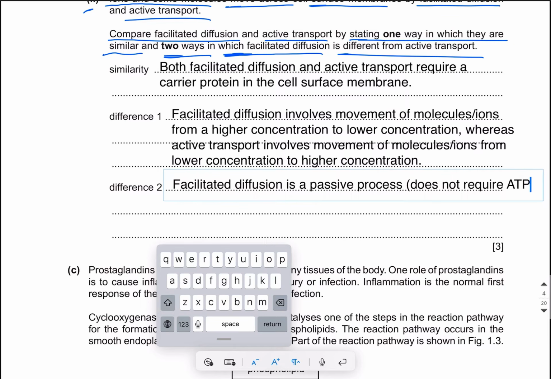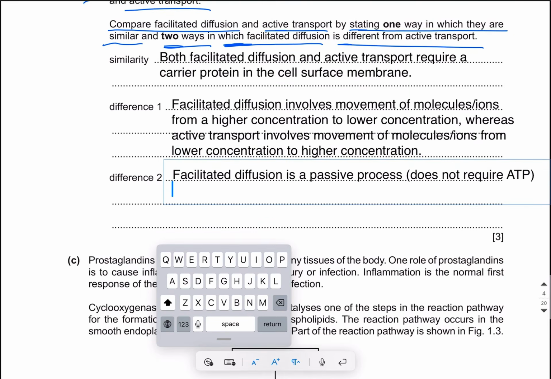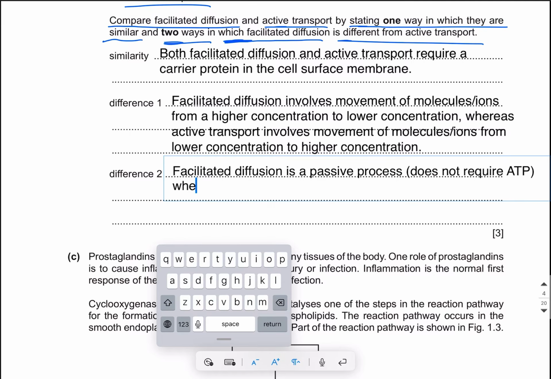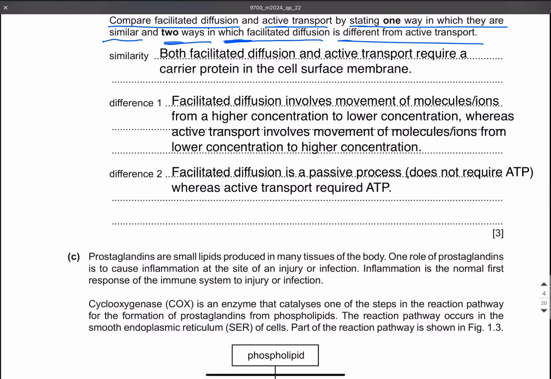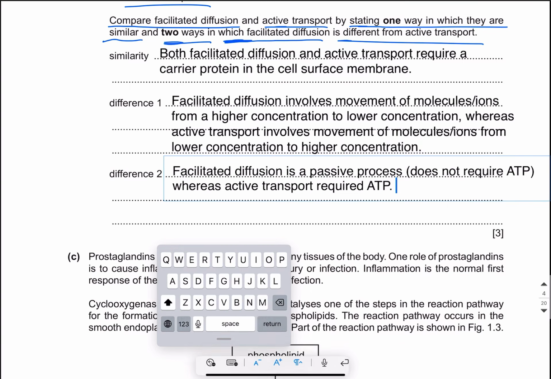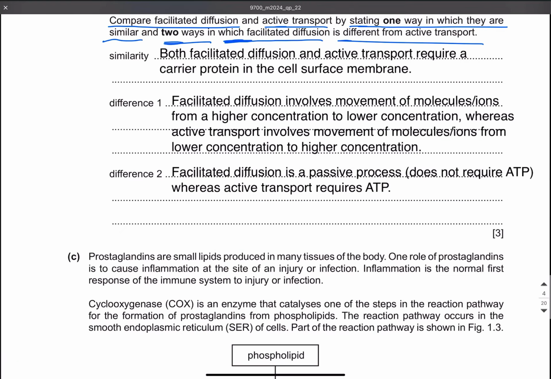Whereas active transport requires ATP. So guys, these are the differences, that active transport requires ATP, whereas facilitated diffusion is a passive process, it does not require ATP.